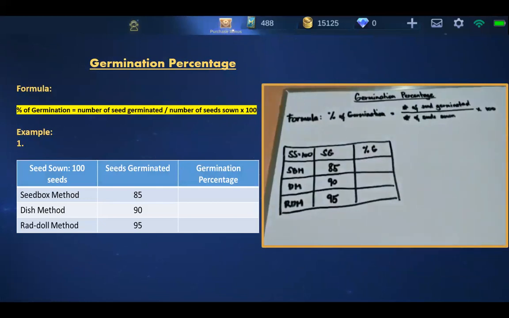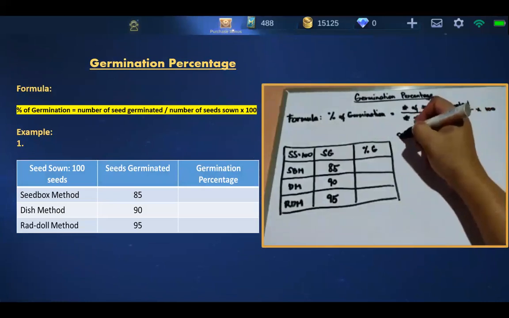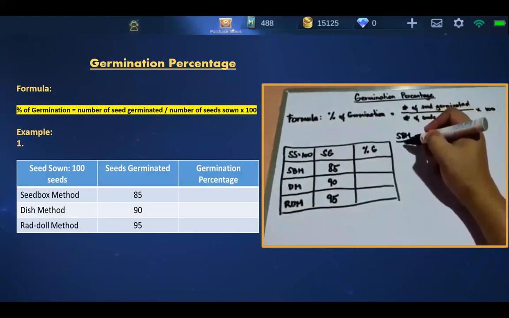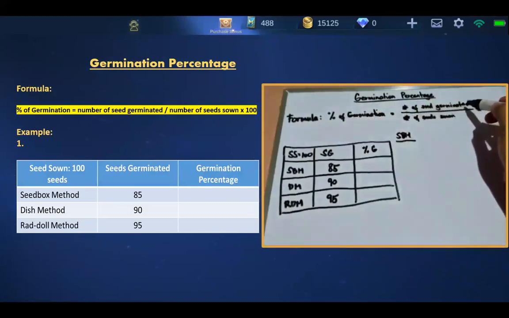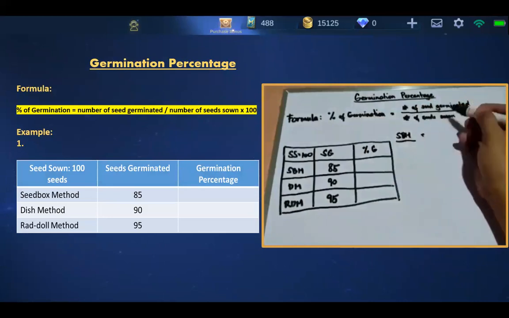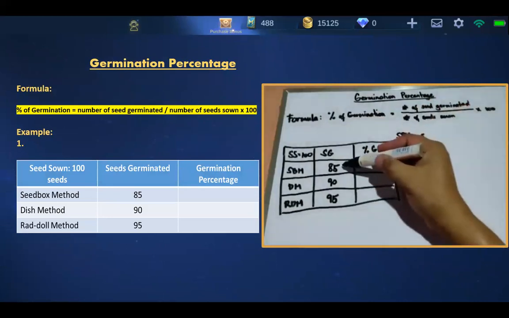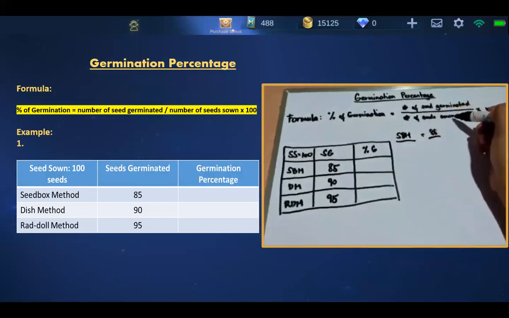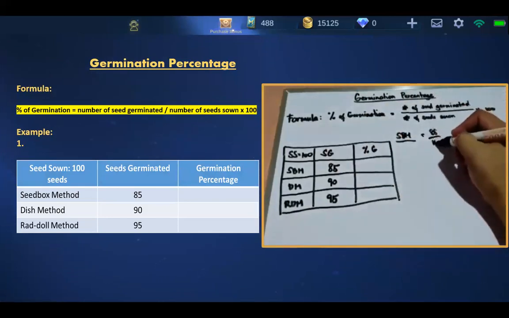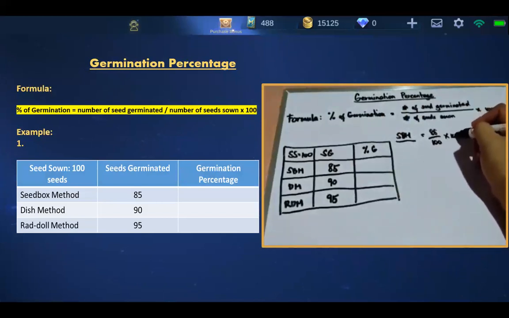To compute that, for the seed box method, we follow the formula: the percentage of germination is equal to the number of seeds germinated, which is 85, divided by the number of seeds sown, 100, times 100.